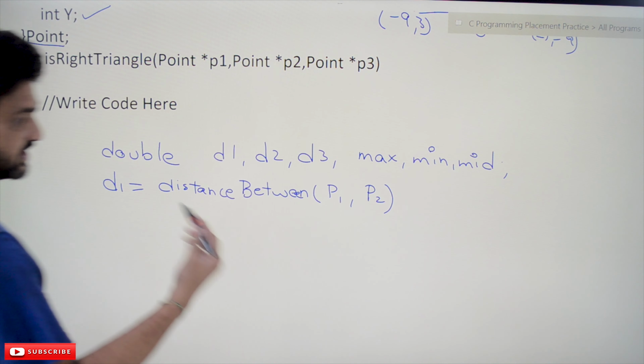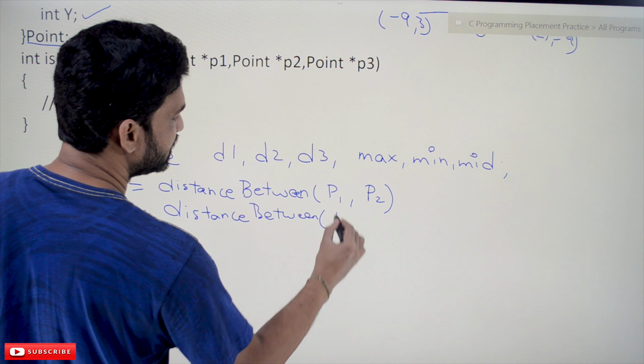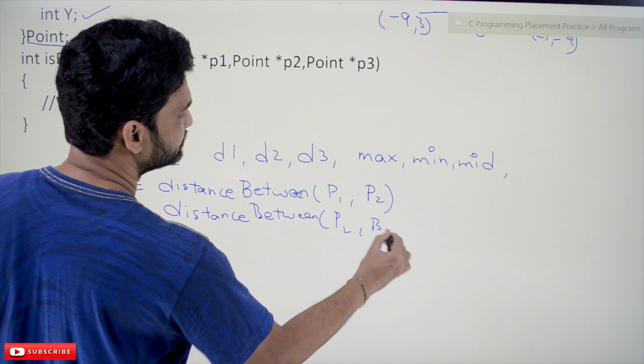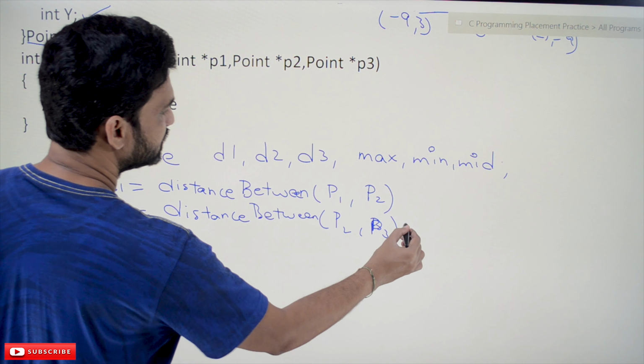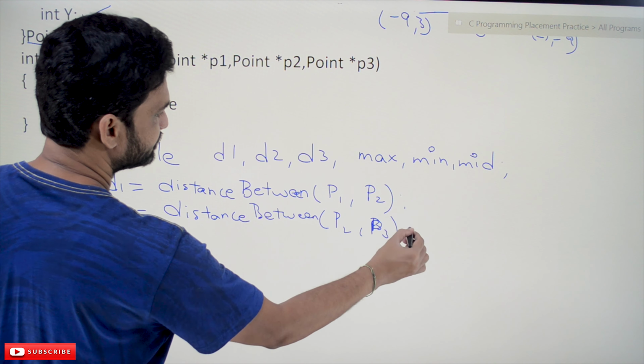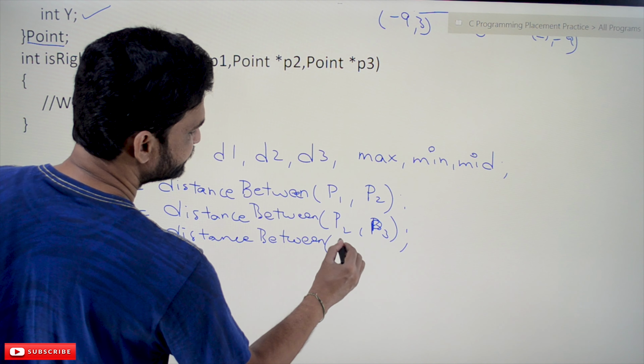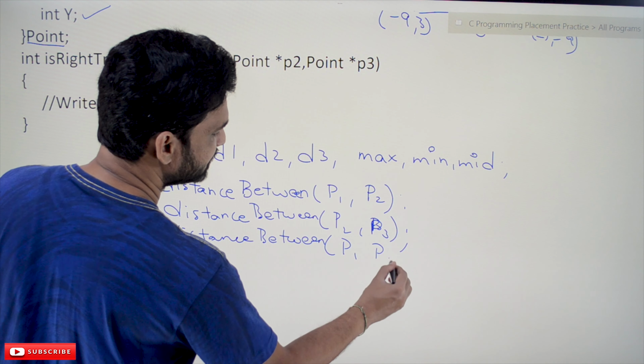Next is d2. d2 is equal to the distance between function, with p2 comma p3, and d3 is equal to the distance between function with p1 comma p3.